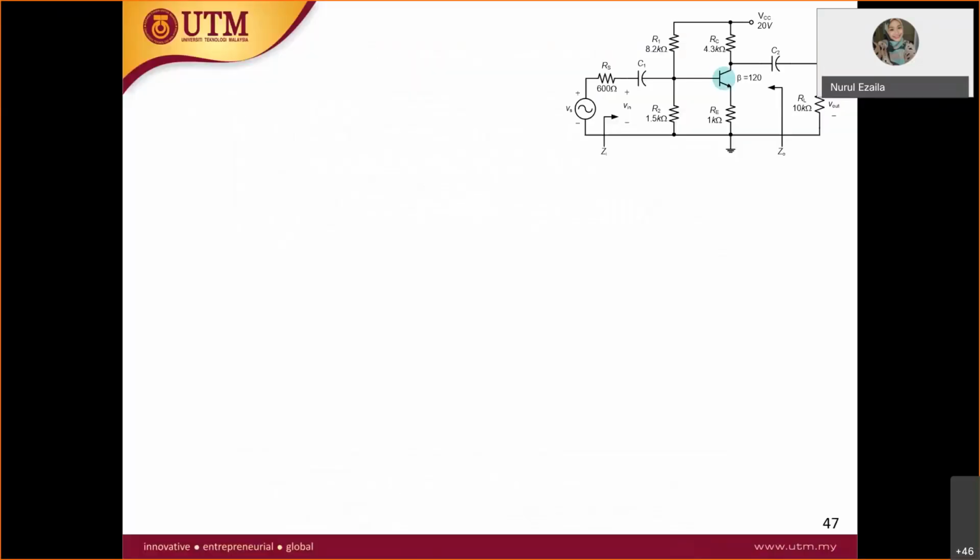Capacitors will be short circuit. First thing, draw from base, collector to emitter, from node to node, and you draw the equivalent circuit. The AC equivalent circuit will be like this.